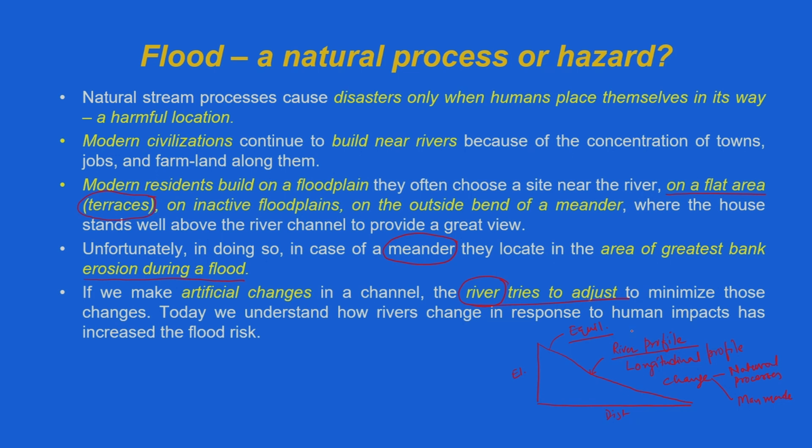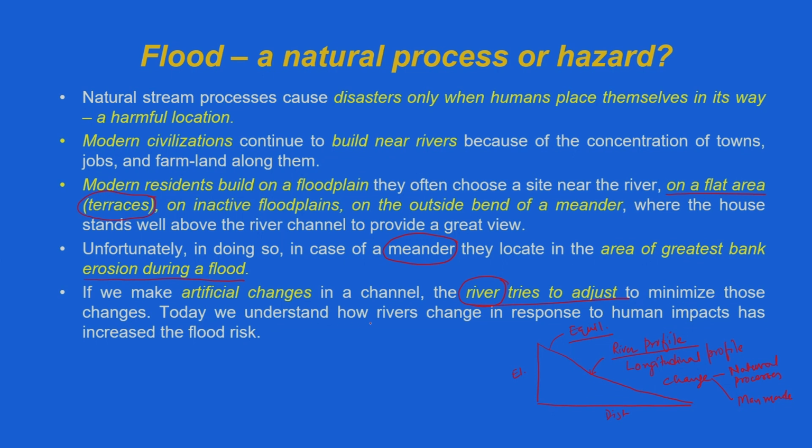This is one important part which one should keep in mind. Again, we will read this out: if we make artificial changes in a channel, the river tries to adjust, and this adjustment is coming back to the equilibrium to minimize those changes.